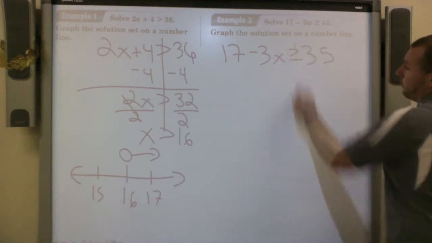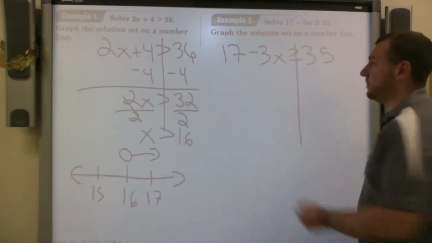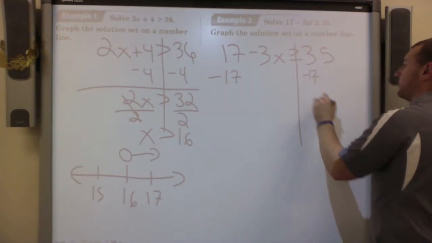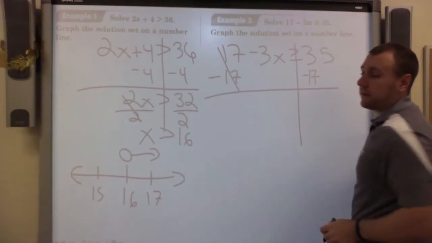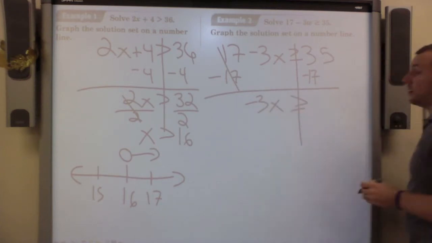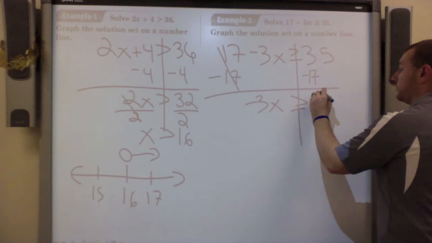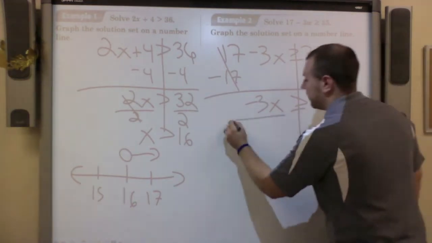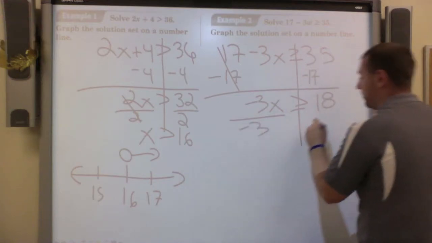There's a little trick with problems like this. The first step, I gotta get rid of the 17. So I'm gonna subtract that. What's left is that negative 3x is greater than or equal to 18. Now I divide by a negative 3.